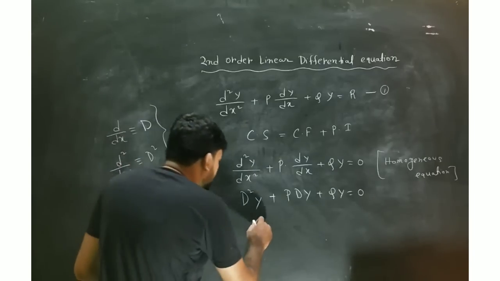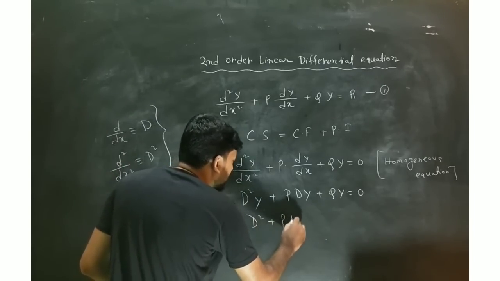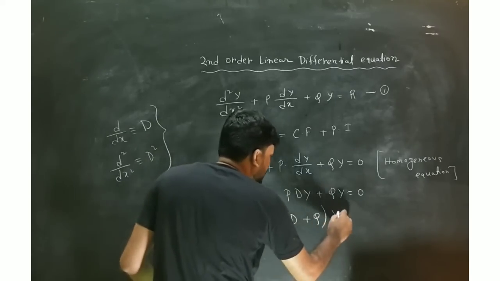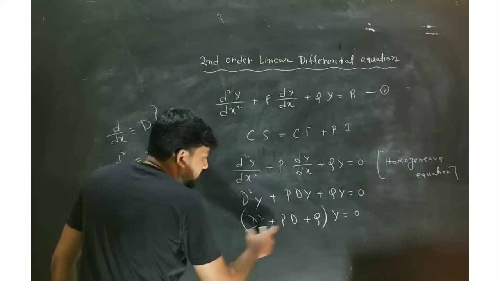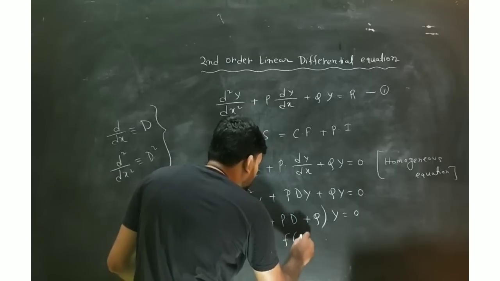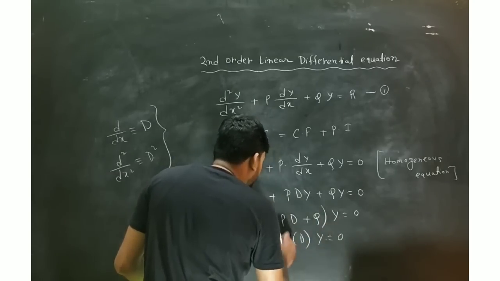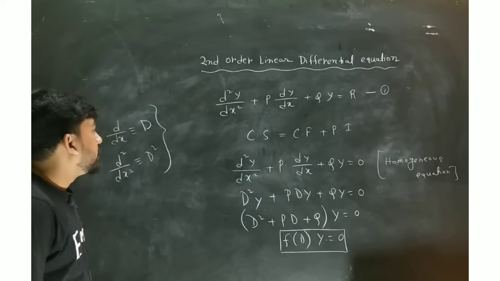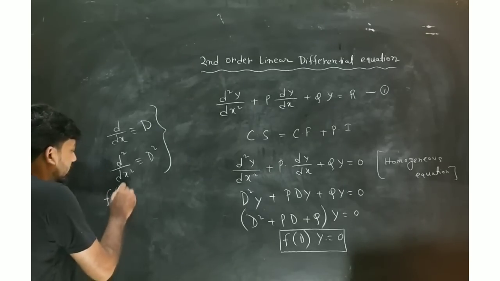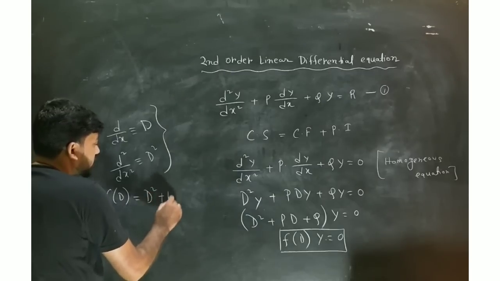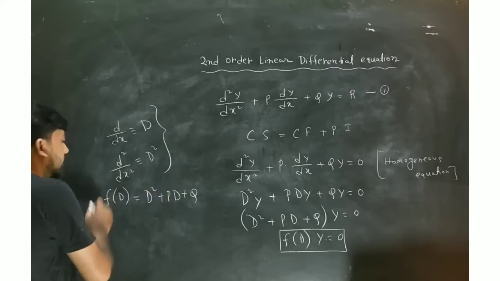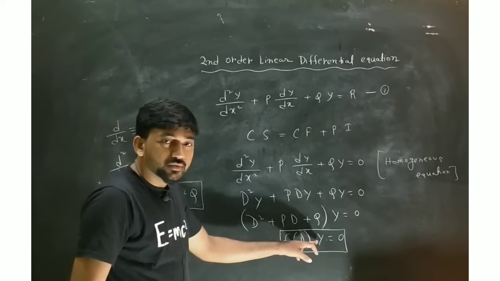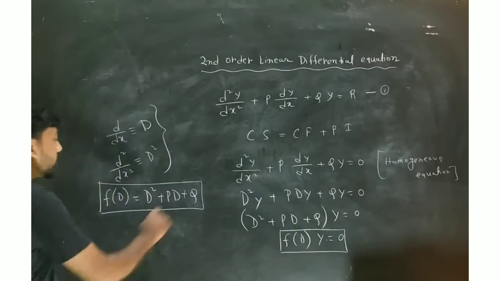Now if you take y common, you will get D square plus pD plus q into y equal to 0, and this is nothing but a function of D. So you will have f(D) into y equal to 0, and this is the symbolic form of this differential equation, where f(D) is simply D square plus pD plus q, and we can see this is only a function of D. Now as y is not equal to 0, obviously f(D) is equal to 0.